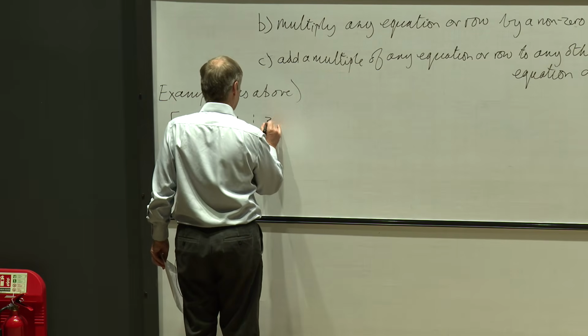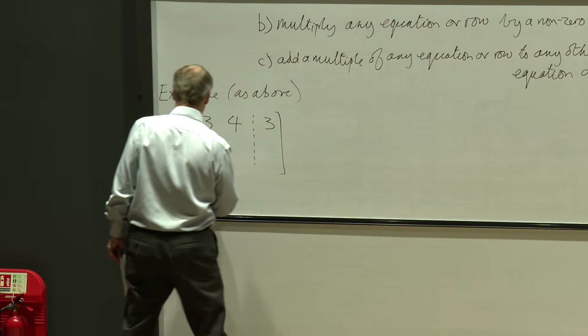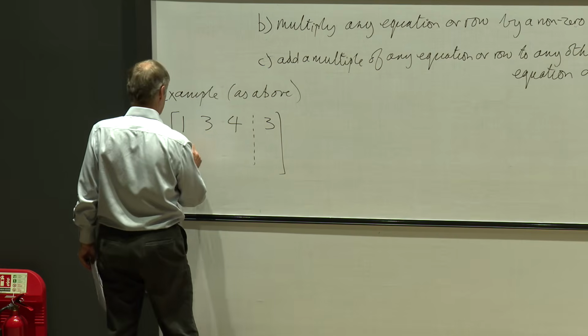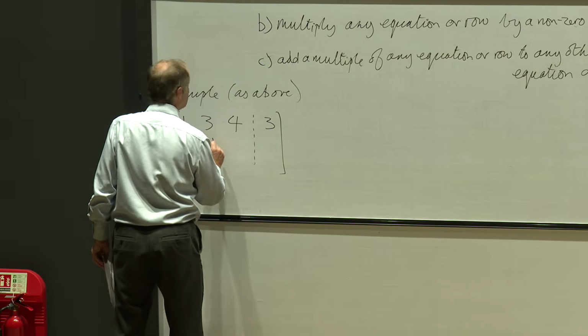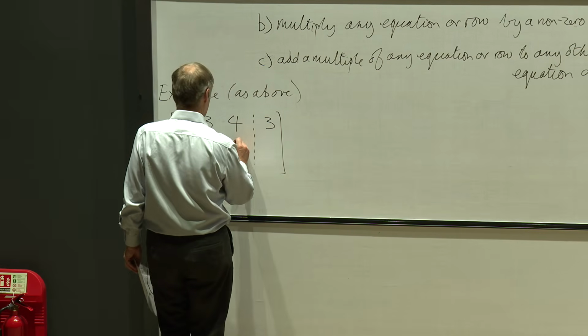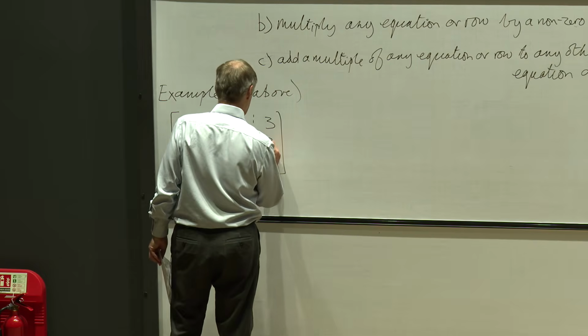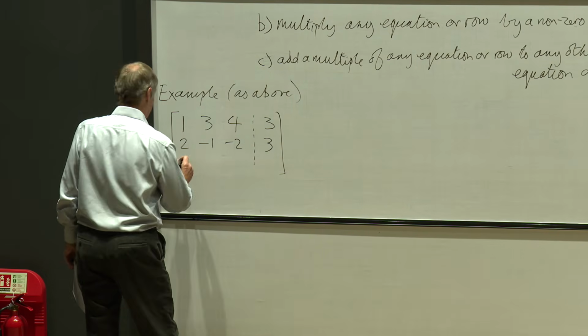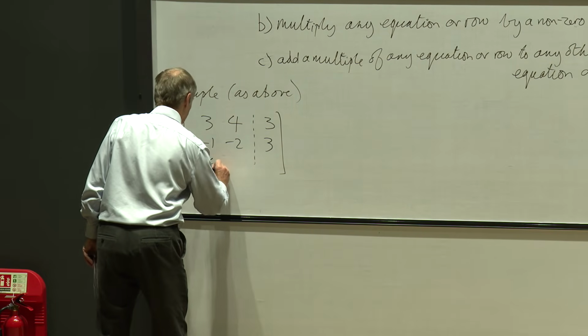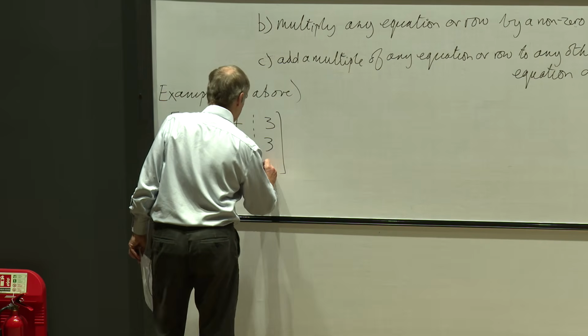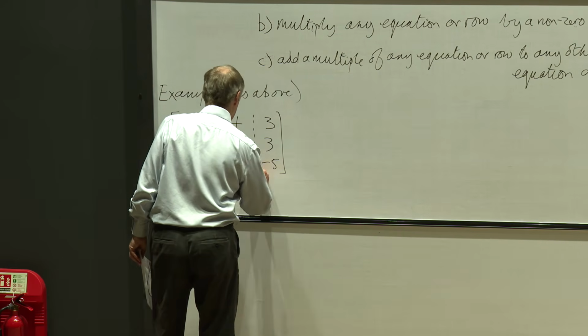And I augment it by 3. And then the second equation is 2 and minus 1 and minus 2. And that gives us 3. And the final equation is minus 1 and 4 and 1. And that gives us minus 5.